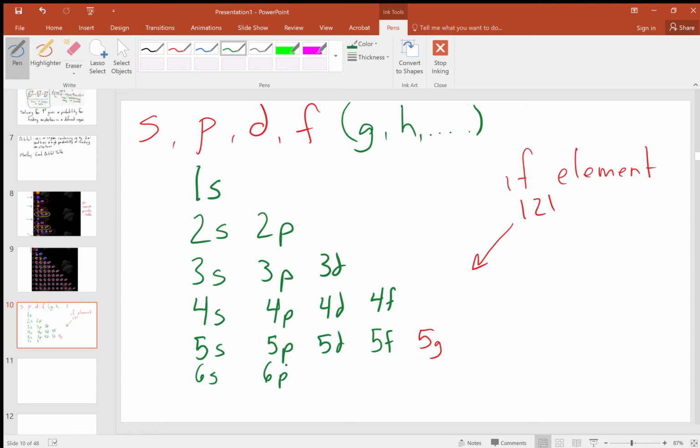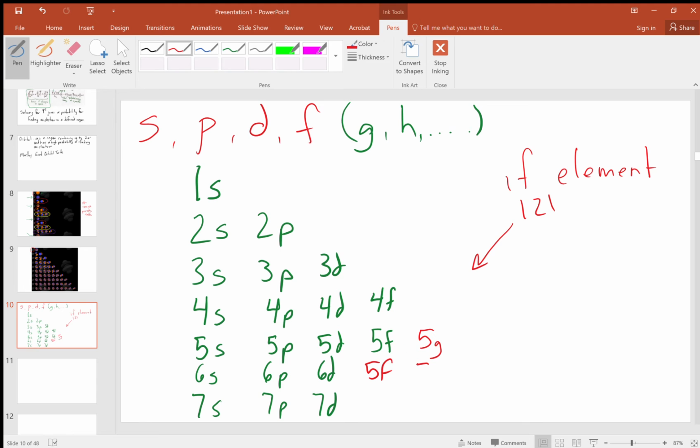6s, 6p, 6d, 6f, and 7s, 7p, 7d, 7f. Oops. But we're actually going to get rid of 6f as well as 7f. Because again, just like 5g, there's no elements that currently exist with those orbitals. So we're going to put those in the other color.